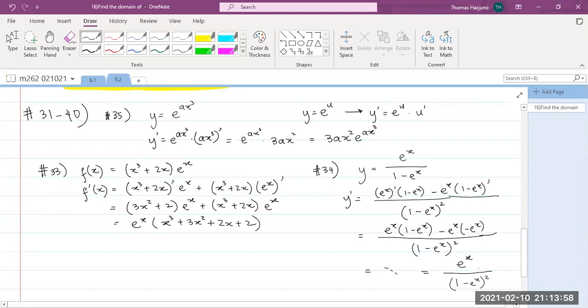So e to the x will always stay the same? The derivative of e to the x is e to the x. Because remember, the derivative of e to the u is e to the u times the derivative of u. So if you replace that u by x, the derivative of x is just 1. I usually remind my students that there are two functions whose derivative is itself.